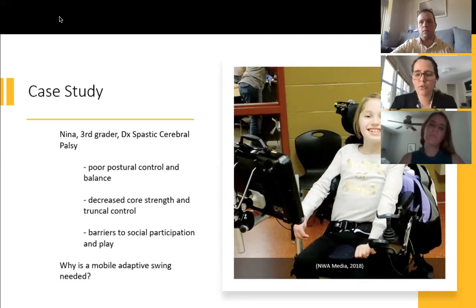This is at school and also outside of school as well, like at her local neighborhood parks. So we wanted to come up with a mobile adaptive swing that she could clip into any swing set anywhere to enable her to play with her peers and enhance her play and social participation.